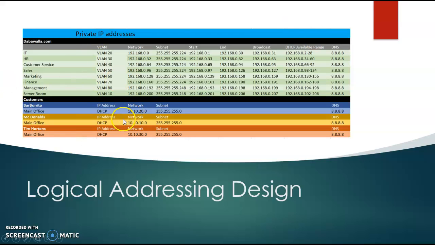With the customers, each customer has its own network. So for Barbarito, we have 10.10.20.0/24. For McDonald's, we have 10.10.10.0/24, and for Tim Hortons, we have 10.10.30.0/24. All of them have their DNS as 8.8.8.8.